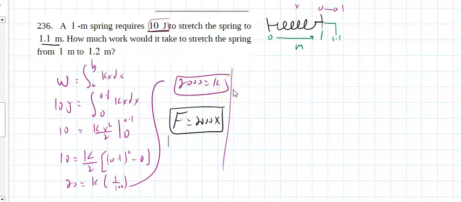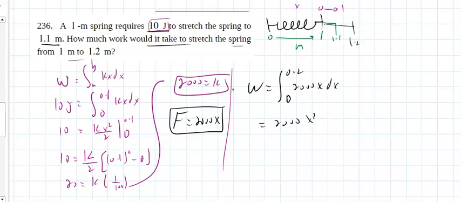How much work would it take to stretch the spring from 1 to 1.2? Well, that will be the integral from 1. How much work would it take to stretch it from 1 to 1.2? That's 0 to 0.2. And now I know it's 2000x dx. Well, that will be 2000 x squared over 2 evaluated from 0 to 0.2.